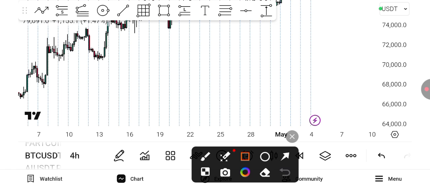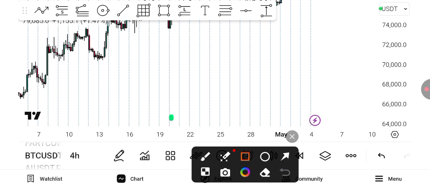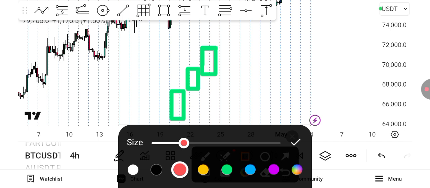The buyers, we are buying, they are buying, they are buying, and immediately they got to the top, the sellers came into the market.